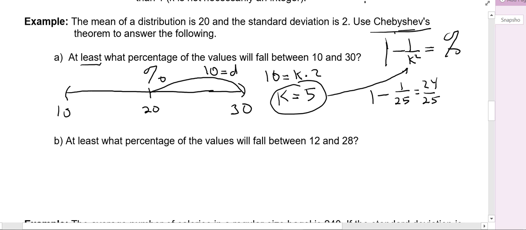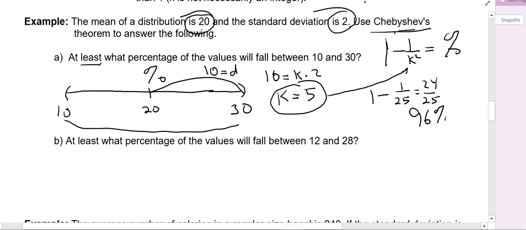As a percentage, that is going to be 96%. So 96% of whatever I'm talking about here, whether it's light bulbs or test scores, I don't know. If it has a distribution that has a mean of 20 and a standard deviation of 2, then in the interval between 10 and 30, I know 96% of the data is going to be within that given interval.